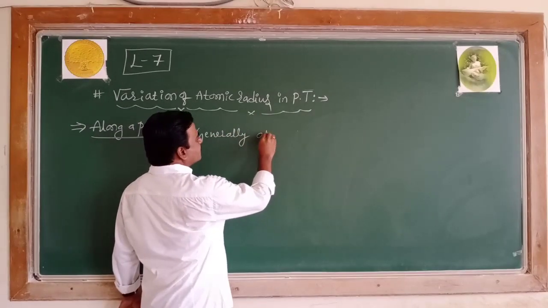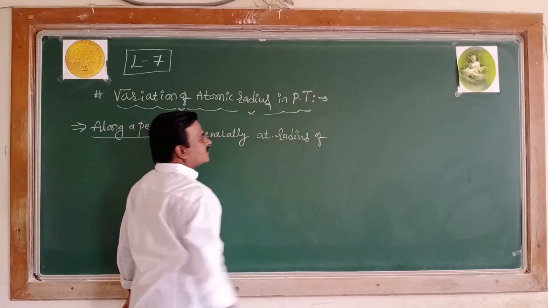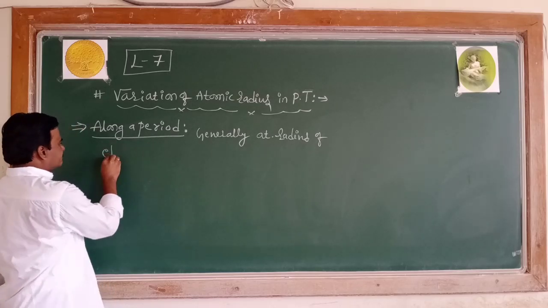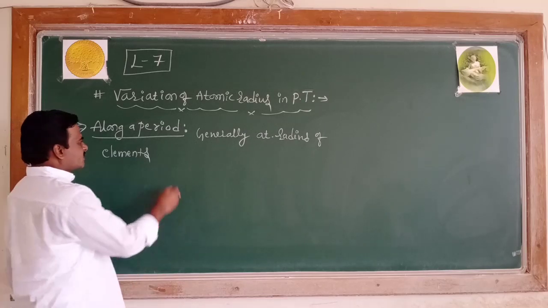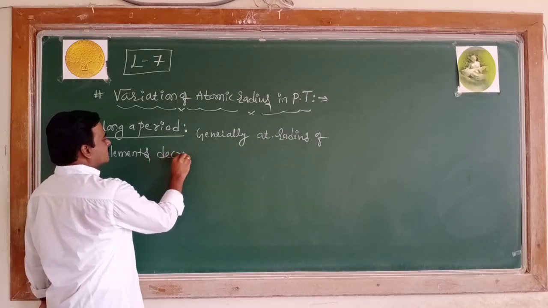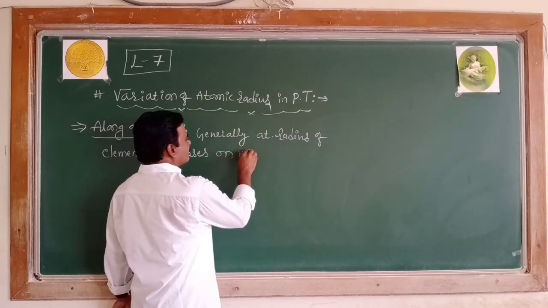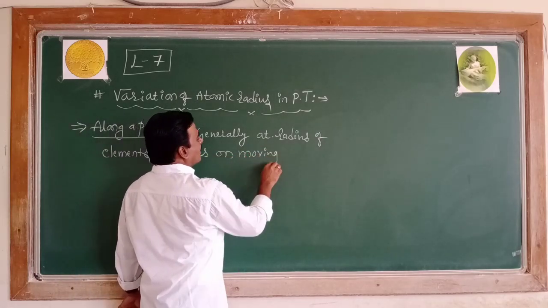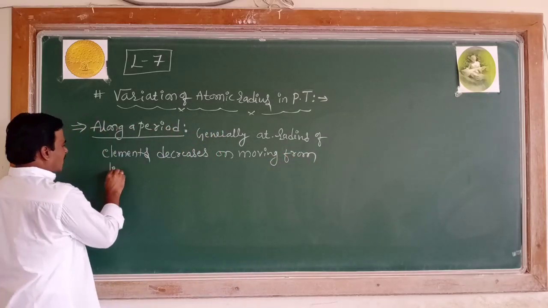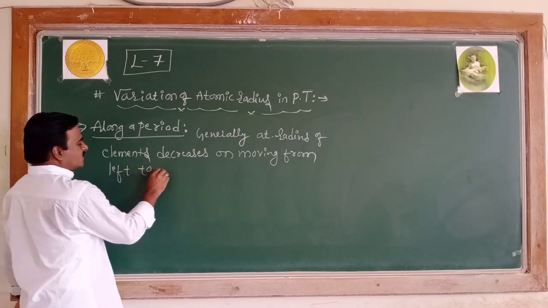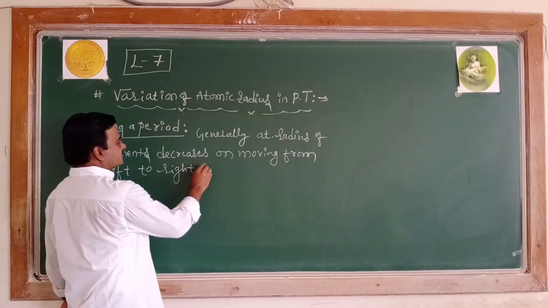Generally, atomic radius of elements decreases on moving from left to right in a period.